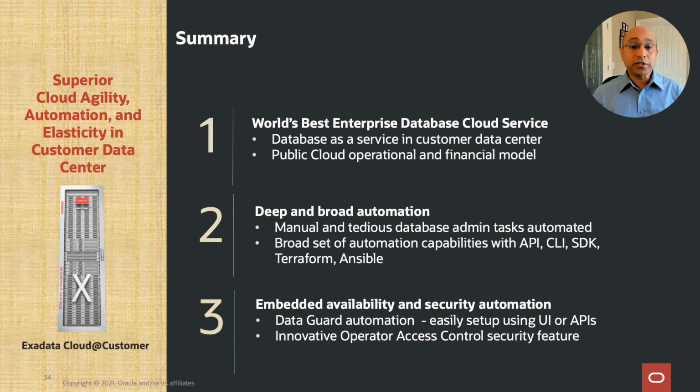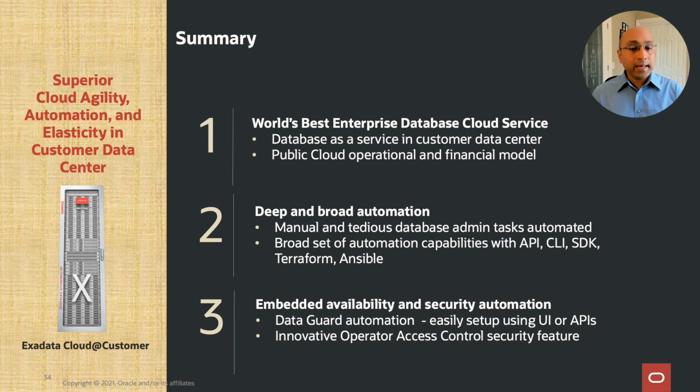Number two, deep and broad automation for all the cloud administration tasks. It automates all the manual and tedious database administration tasks, so customers and administrators can focus more on higher value-added activities. And we saw a broad set of automation capabilities with API, CLI, Terraform, and many more.